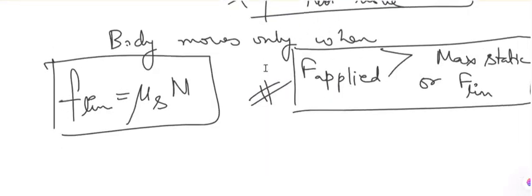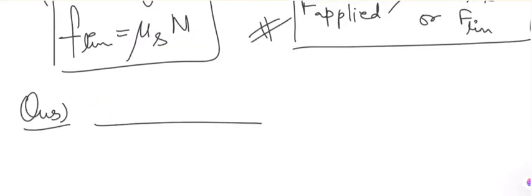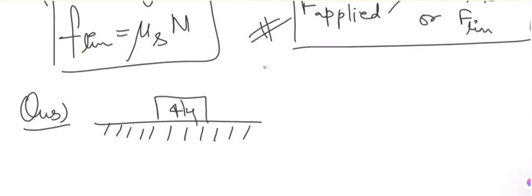Okay. Now listen very, very carefully. I will explain how the object is said to be not moving. Let me give you a question regarding that. Suppose here is a fixed surface and here the object is placed, let's say of 4 kg.